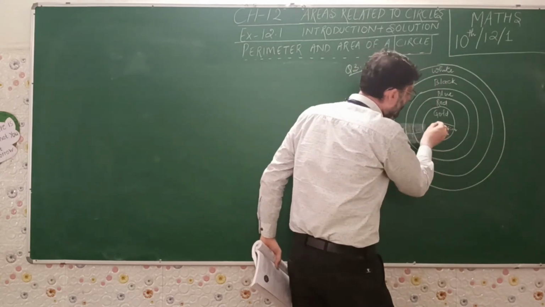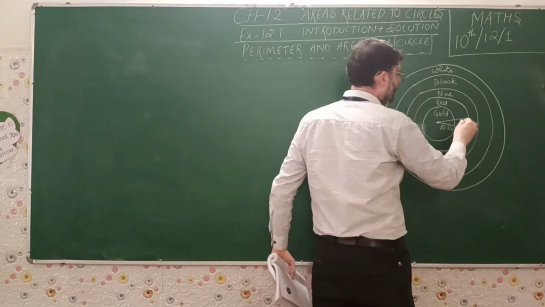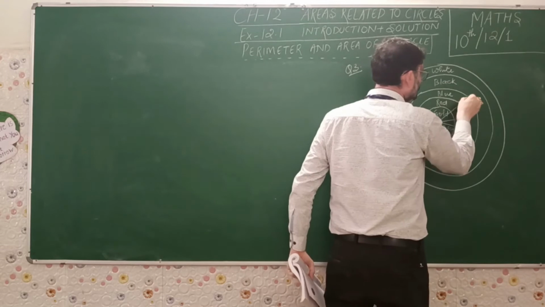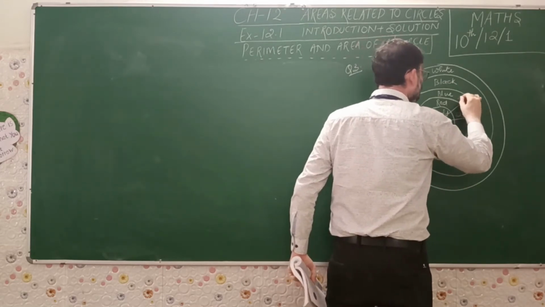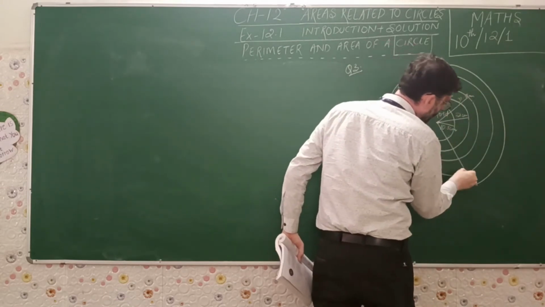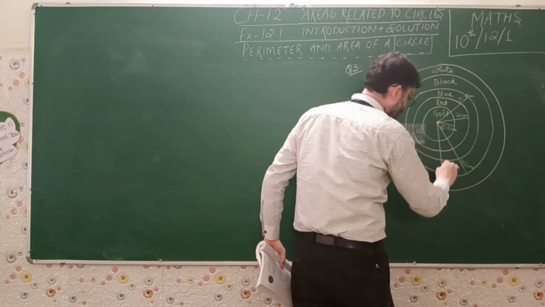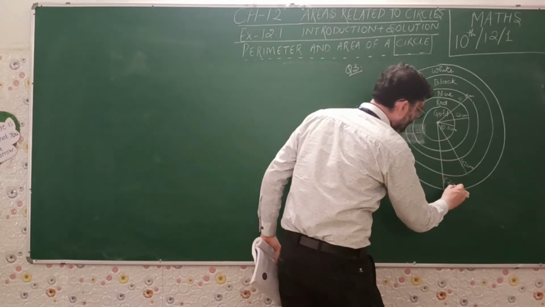That means the radius for the second circle will be 21 centimeters. The radius for the third one, if you add 10.5 to 21, will be 31.5 centimeters. The radius for the fourth one will be 42 centimeters, and the radius for the fifth one would be 52.5 centimeters.